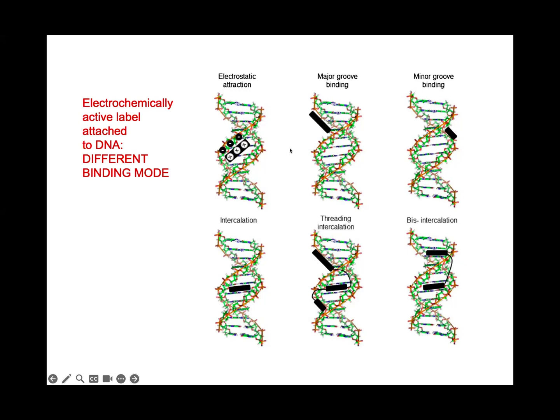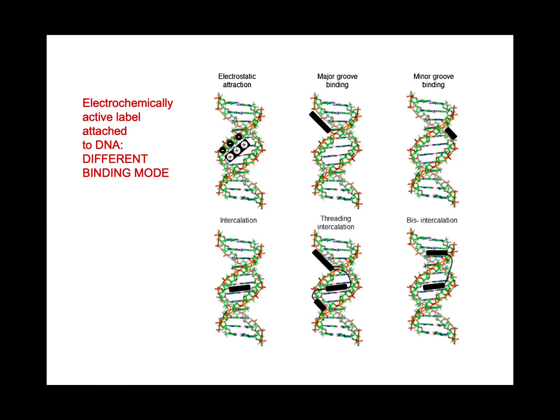There are some compounds that we call DNA groove binders. When you mix them with the DNA, they can bind with this area, the major groove or the minor groove. So now we know intercalators and we now know groove binders.